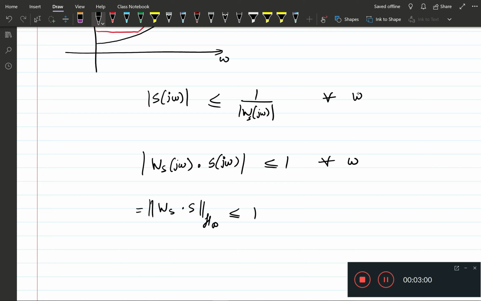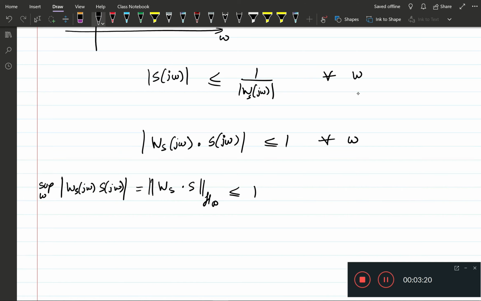Recall that this is the supremum over all omega, so if the supremum over all omega is less than 1, then this is true, and this is true only if the maximum over all omega is less than 1. So that's clear. This is what we want if we want to shape the sensitivity.